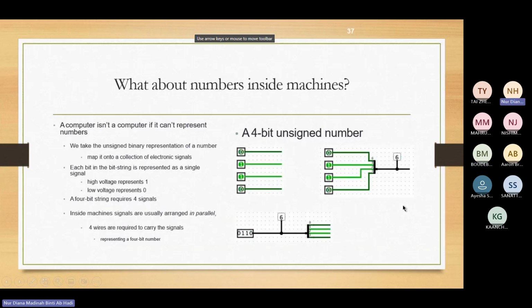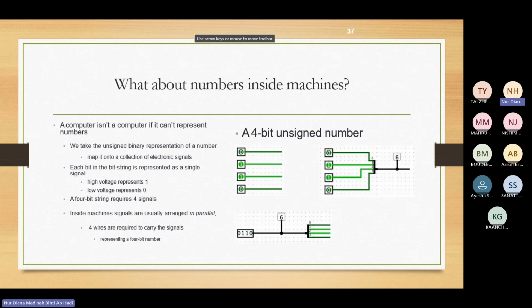So what about the numbers inside your machine? Your computer is not a computer if it cannot represent numbers. So we take the unsigned binary representation of the numbers and map it onto a collection of electronic signals. As we all know, high voltage is 1, low voltage is 0.